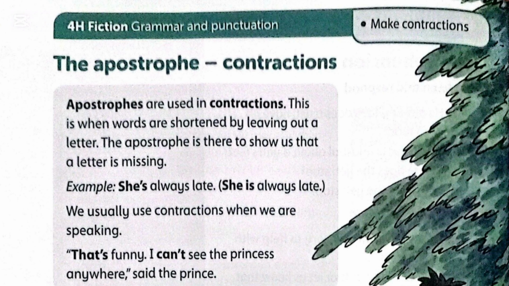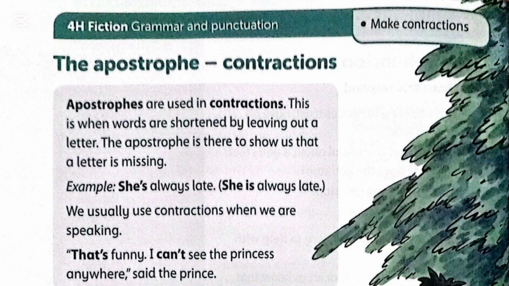In this, words are shortened by leaving out a letter. We make it by dropping the letter of the word and putting an apostrophe there. The apostrophe is there to show us that a letter is missing. It means in any word where the apostrophe is used, there is a missing letter.